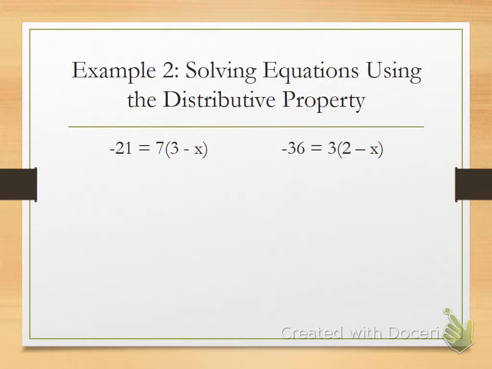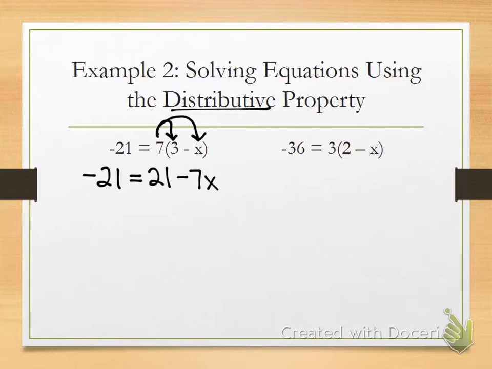All right, now in example 2, what do you see right off the bat? Parentheses, which I call the distributive property. So the very first thing I need to do is get rid of my parentheses. I need to distribute the 7. 7 times 3 is what? 21. 7 times negative x? Negative 7x.